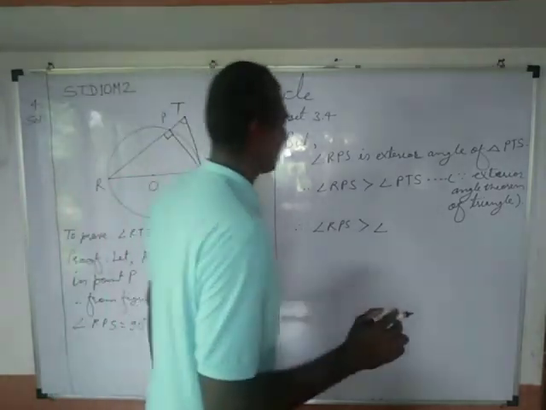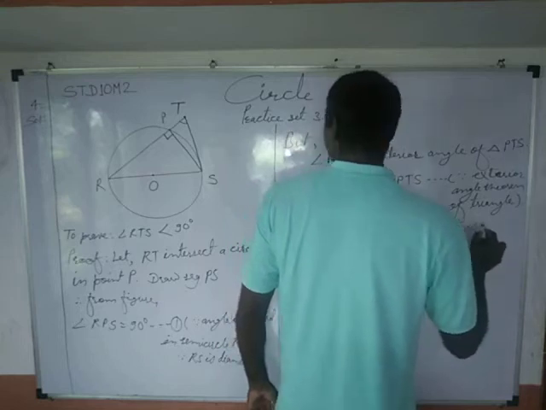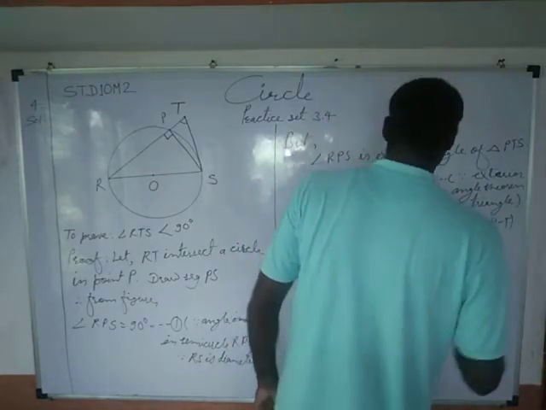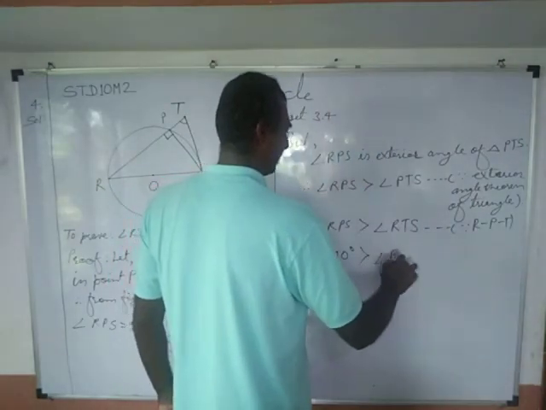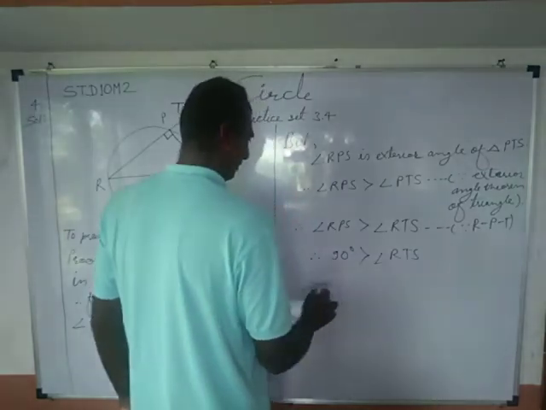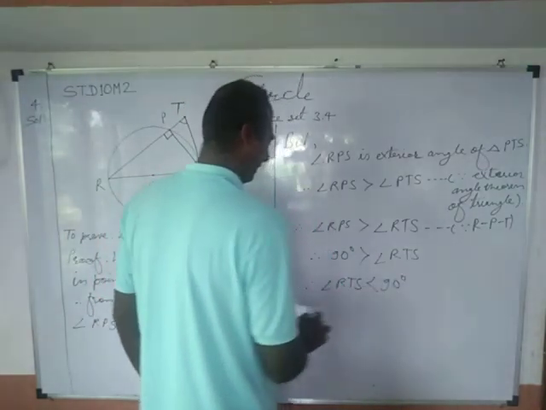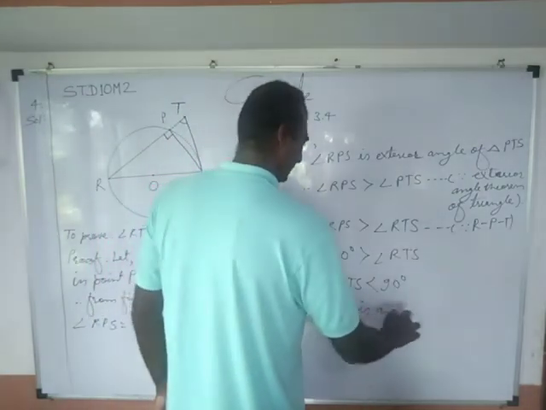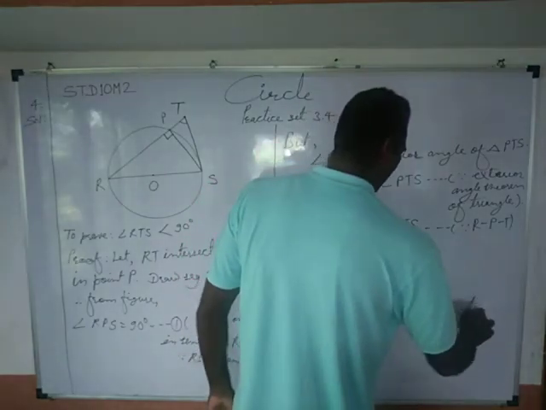We can call it angle RTS, since R-P-T are collinear, and therefore 90 degrees is greater than angle RTS, and therefore angle RTS is less than 90 degrees, and therefore angle RTS is an acute angle.